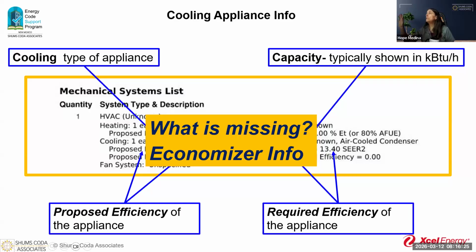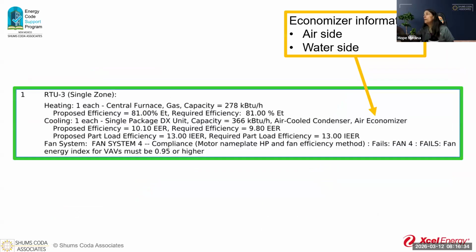That's usually where it is located. And it should tell us a few things, you know, what type of economizer is getting utilized or what exception it's going to utilize for it. So this is not in any of the reports you see. This is a separate one.